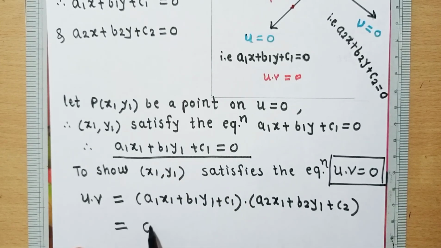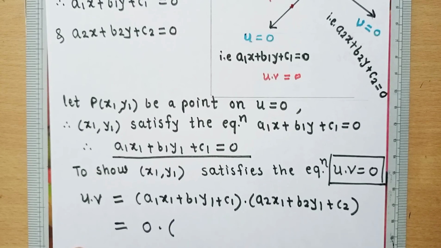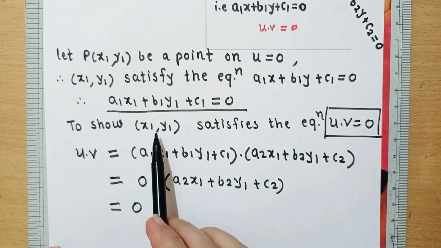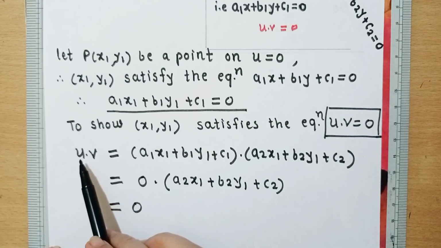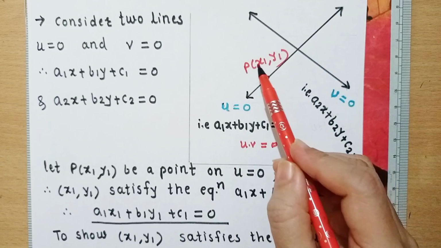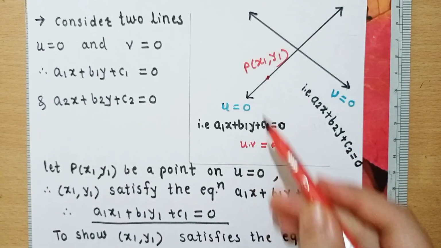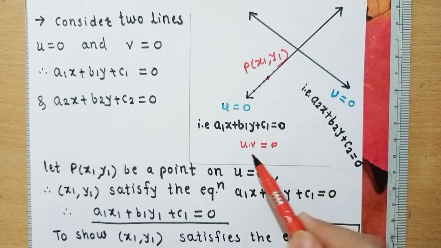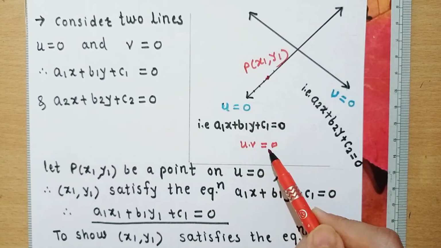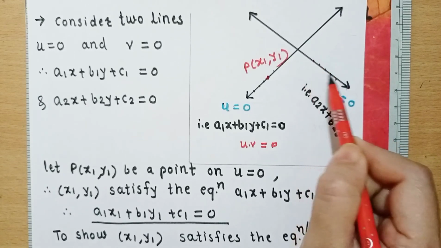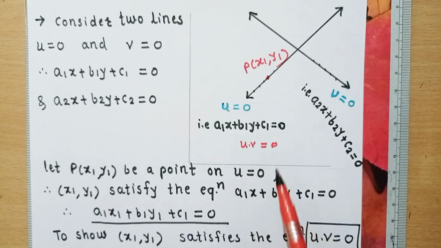So we substitute the 0 value in this bracket, and 0 into the other bracket equals 0, and so we have proved that this point also satisfies the equation uv equal to 0. Since (x1, y1) satisfies this equation, every point on the line u equal to 0 also satisfies this equation, and similarly every point on the line v equal to 0 also satisfies this joint equation.